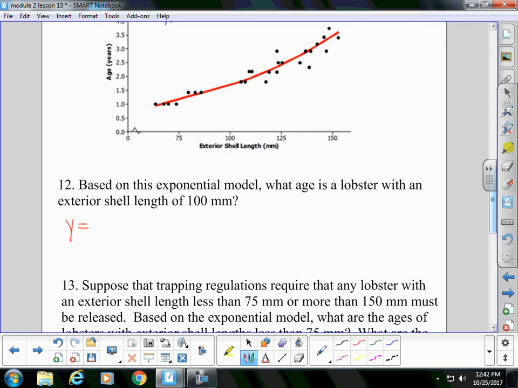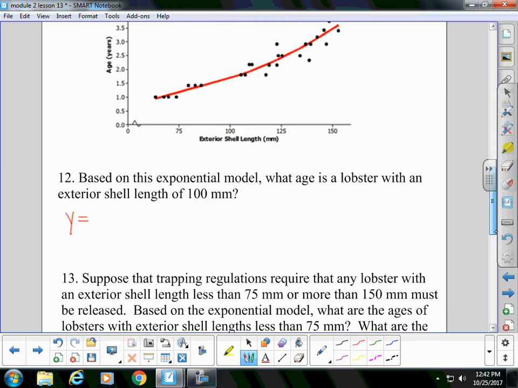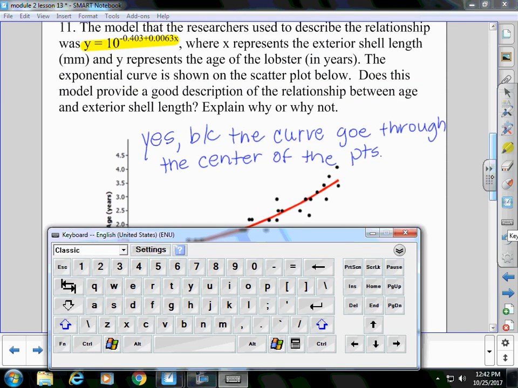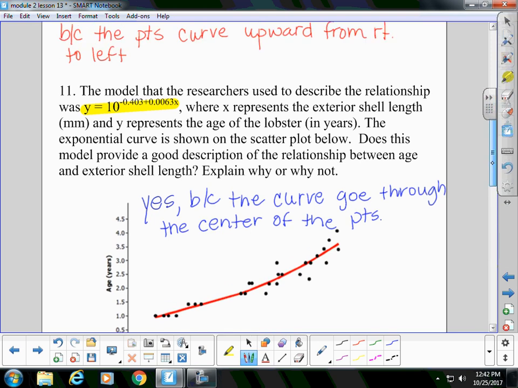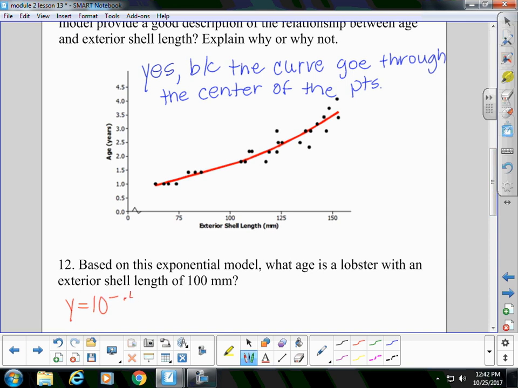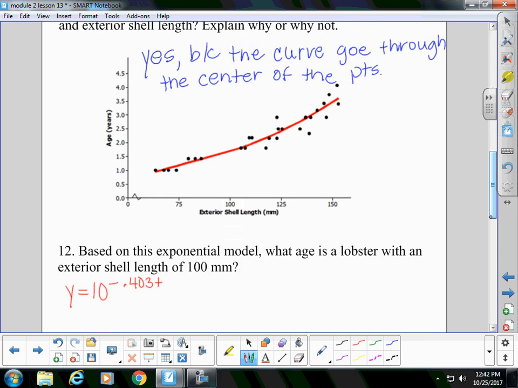So y equals 10 raised to the negative 0.403 plus 0.0063 times x, which is 100.